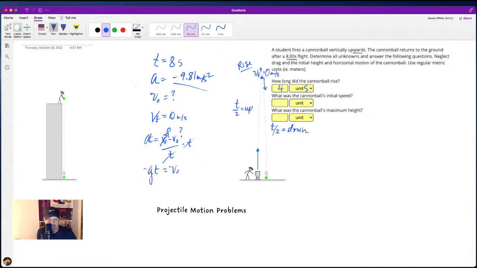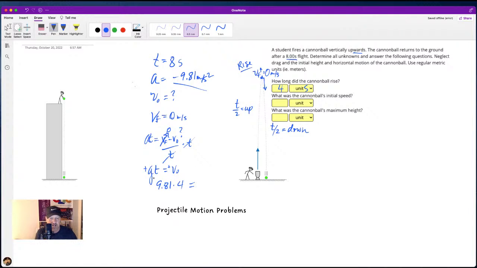So we have a negative here and a negative here, so those cancel out and go back to positive. So 9.81 times 4 seconds equals 39.24.